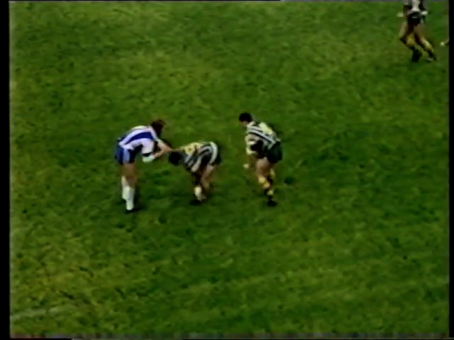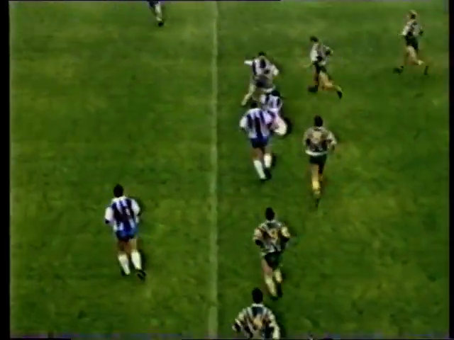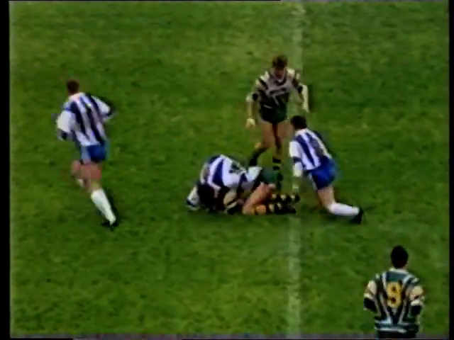Five minutes gone in this match. Oldham clinging onto this 4-point advantage. Wilson goes from acting half-back. Good defence though by Bradbury. Davis now. Precious. Out to Daniels. Tackled on halfway.